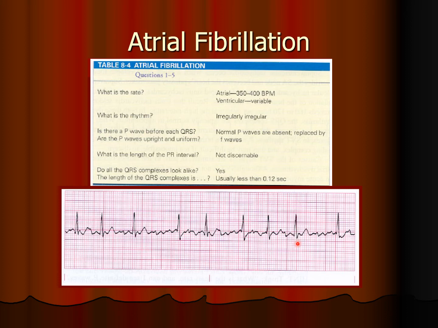But there's no discernible PR interval. It's irregular. We don't have pretty little P waves. But usually the QRS complexes are less than 0.12. So if you have skinny QRSs, irregular rate, and no discernible Ps, you have atrial fibrillation. Okay? Period.